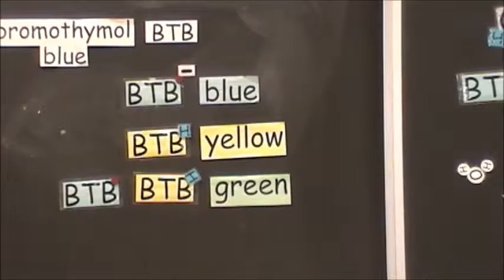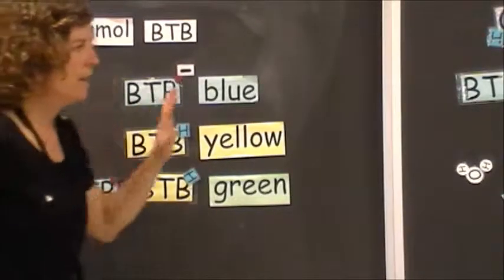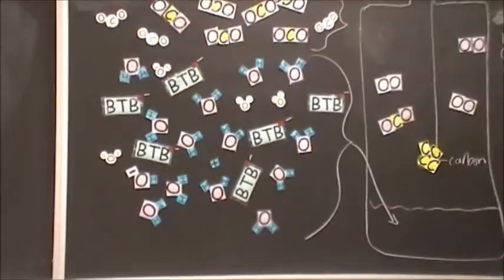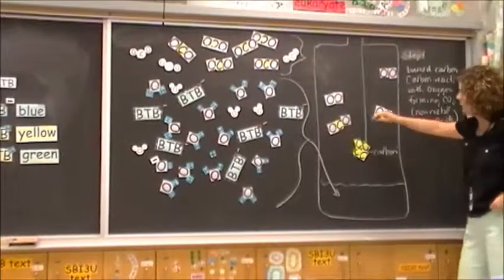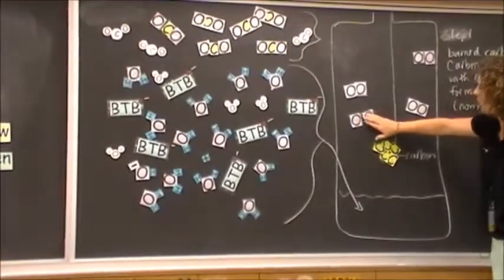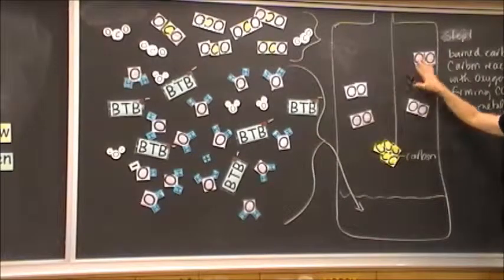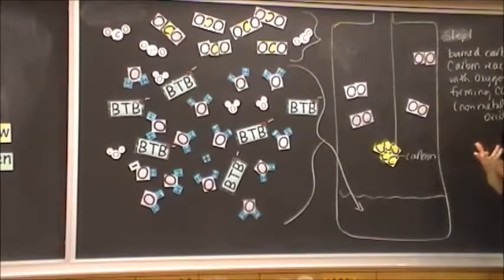Okay, you're going to write a series of steps in your notes. Let's go back and look at our experiment. The first thing that happened is that the top of our bottle, these gas bottles, had a lot of oxygen. It actually had pure oxygen in it. I made that for you.